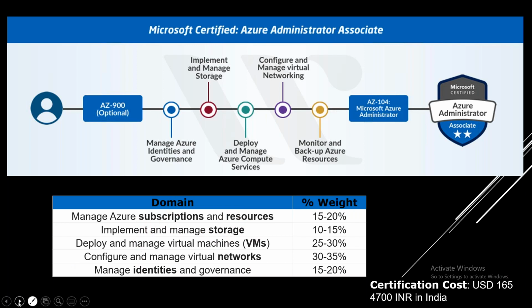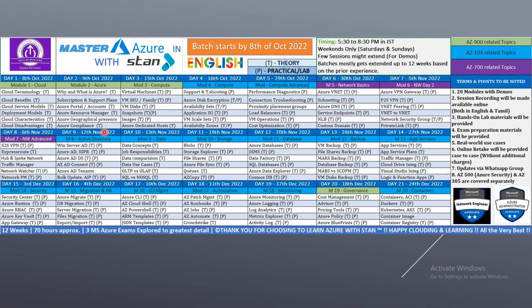Going as per our syllabus, we will be discussing all these things and more beyond what is needed for AZ-104. We'll have separate day sessions on compute, network, Active Directory, data, storage, database, backup, app services, security, migration, disaster recovery, command line management, automation, monitoring, governance, and containers.